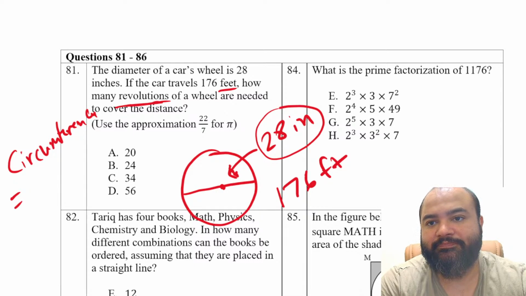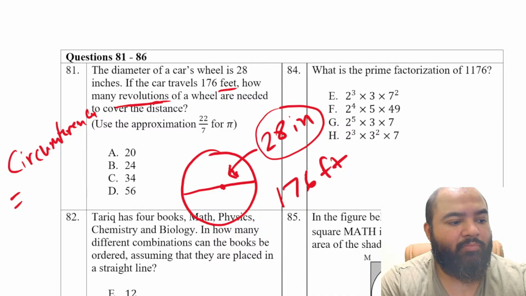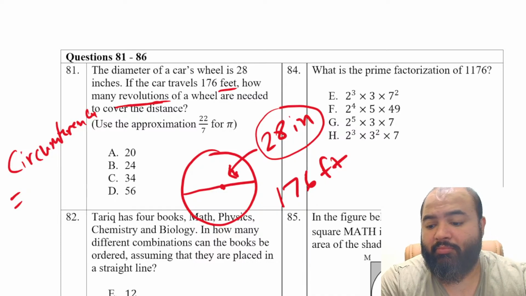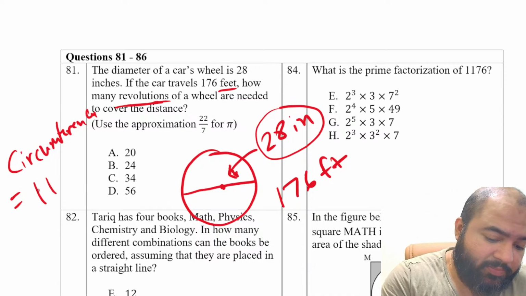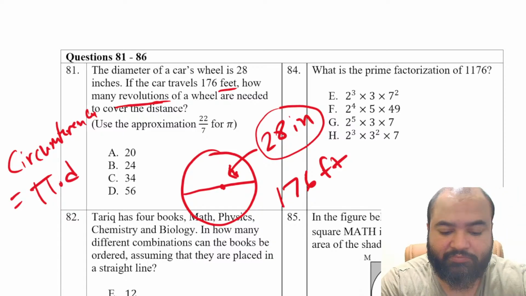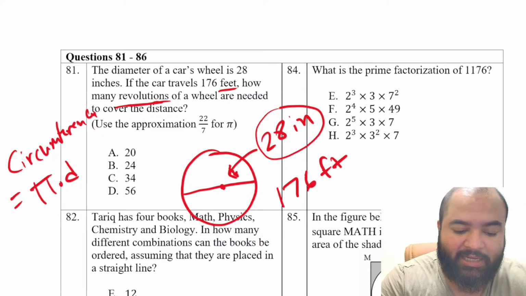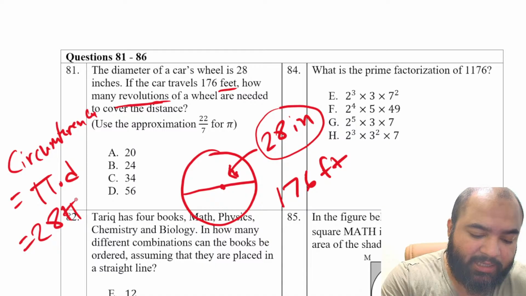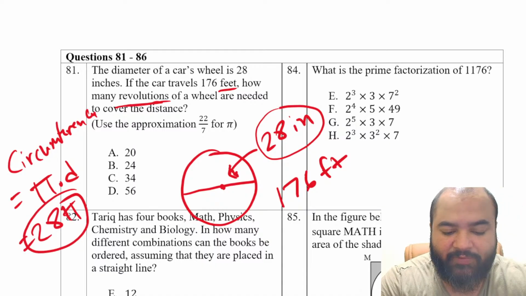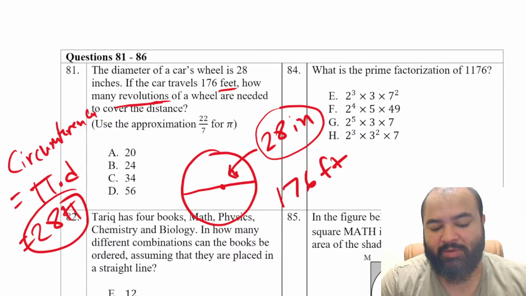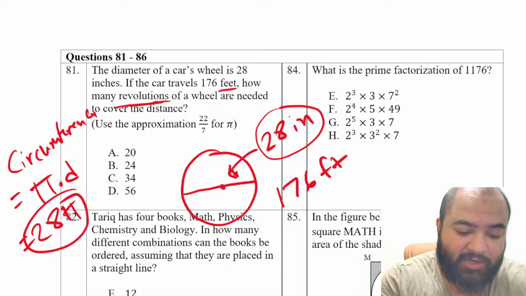Circumference of the circle. Yeah, pi d. Pi times the diameter. Diameter is 28 inches, so it's 28 pi. That's the circumference of the circle, but in inches, right? So they said, okay, use 22 over 7 for pi.